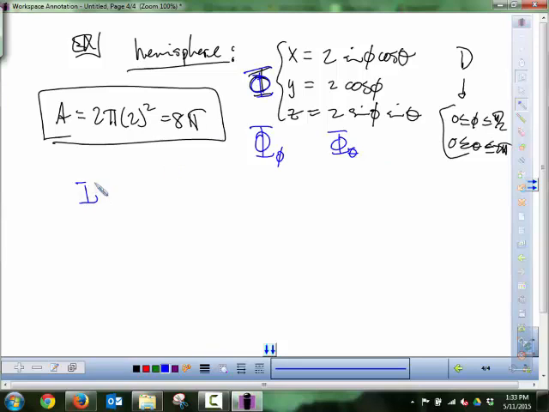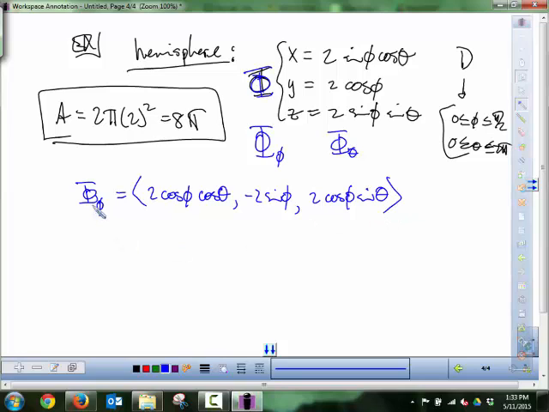So let's figure out what the derivative with respect to phi is. Along my x, y, and z, the derivative of sine is cosine, so this would be 2 cosine phi cosine theta. The derivative of the second one, cosine phi, is negative sine phi, and there's a 2 there. And then another sine, so that's the same business over here, positive 2 cosine phi sine theta.